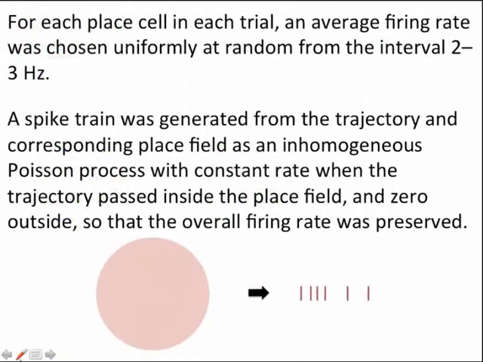We now have the environment. The environment was this box with the mouse traversing it. And then we knew that a place field corresponds to a spike train.